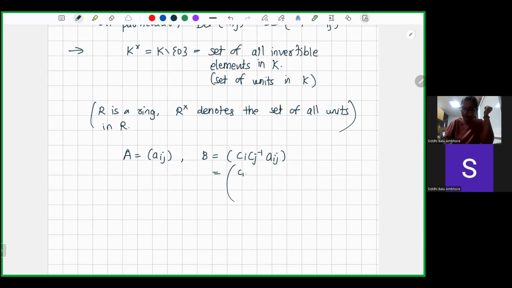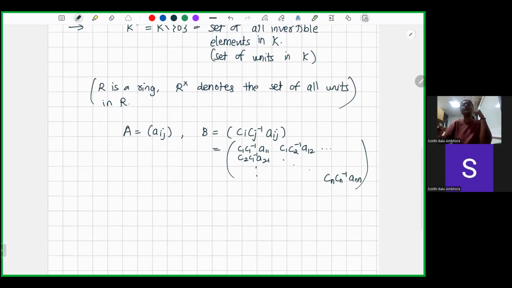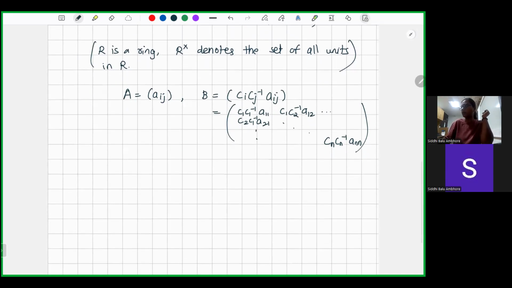This is C1 inverse A11, this is C1 C2 inverse A12, and so on. Here it is C2 C1 inverse A21, and the entries go like this. Here it will be Cn inverse Ann. So the matrix looks like this, and we have to prove that the determinant of this new matrix is actually equal to the determinant of A.